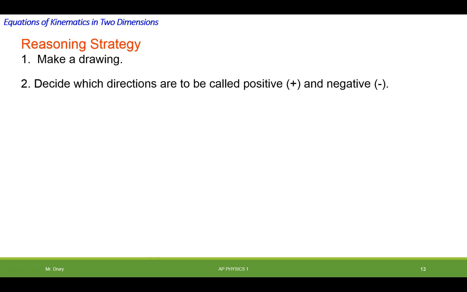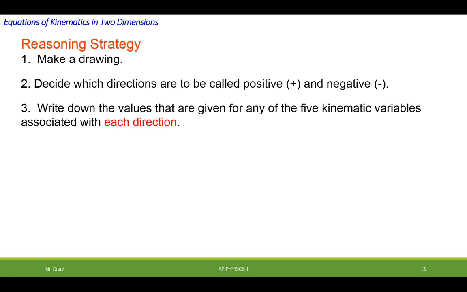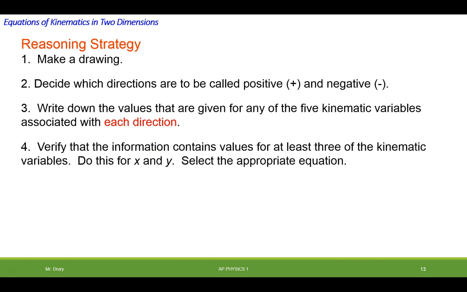Alright, so how should we do a problem like this? You should definitely make a drawing. You have to decide which way is positive and which way is negative. And then obviously you're going to write down all the variables that you have for each direction. Verify that the information contains values for at least 3 of the kinematic variables, as we did in the last unit. You do this for the x and the y.